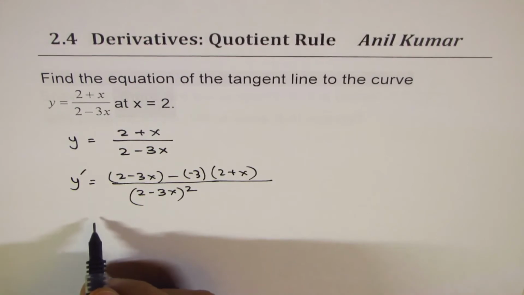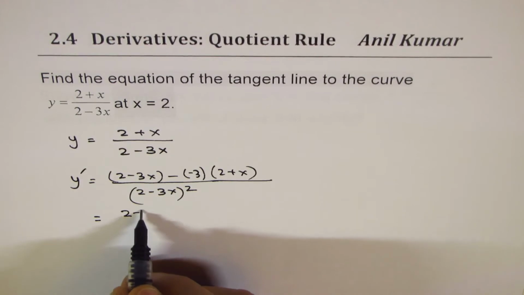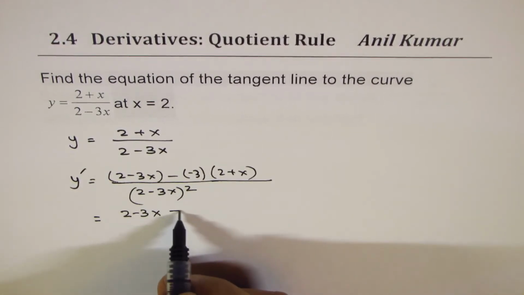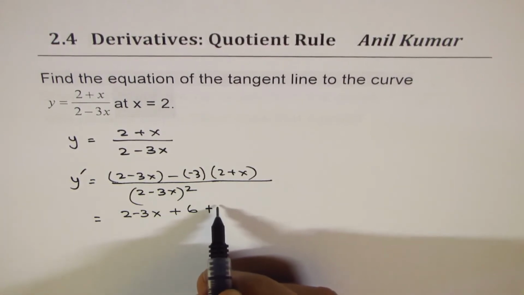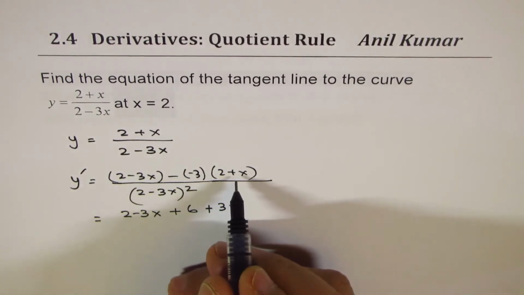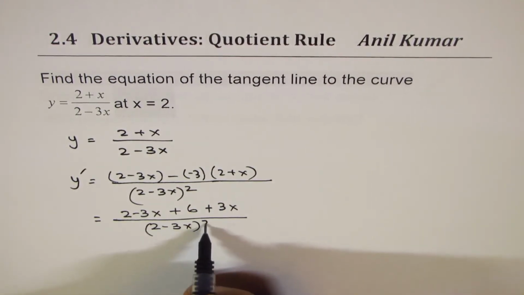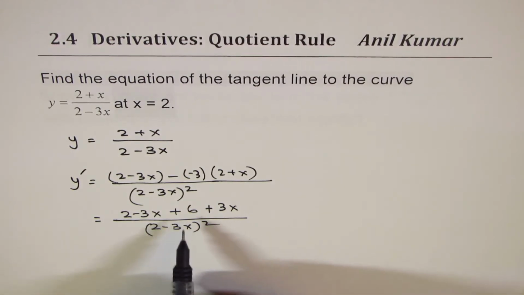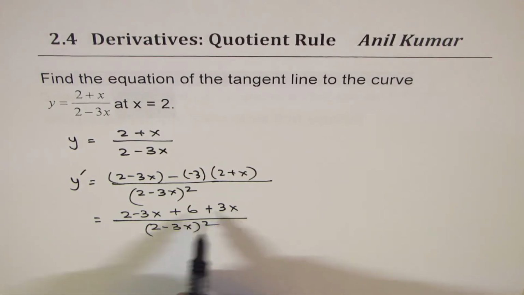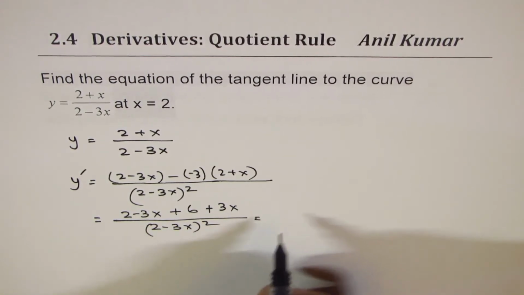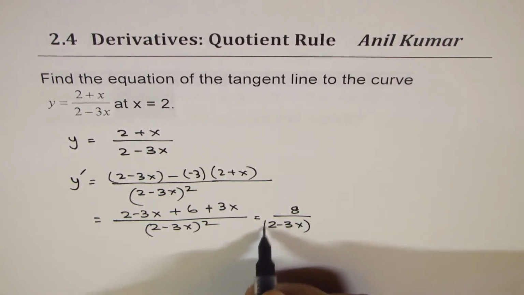Correct? Now we have 2 minus 3x, let's rewrite. Multiplying, we get plus 3 times 2 is 6 and plus 3x, right? So this negative becomes positive, over 2 minus 3x whole square, and here minus 3x plus 3x is 0, 6 plus 2 is 8, so 8 over 2 minus 3x whole square.